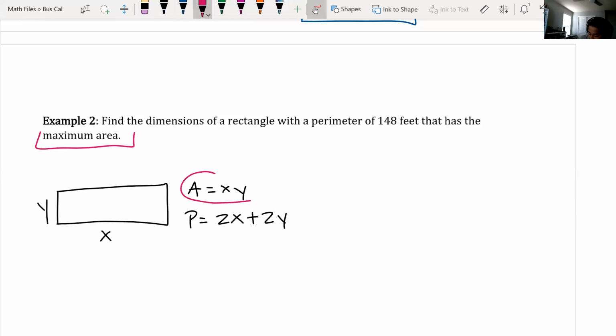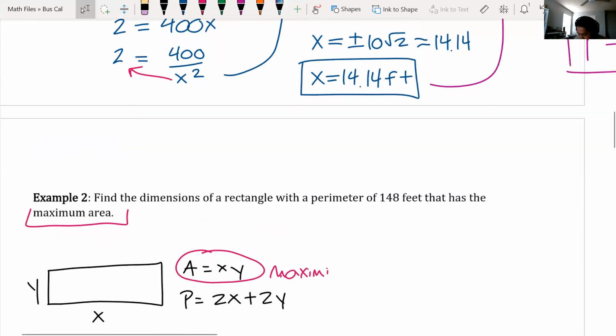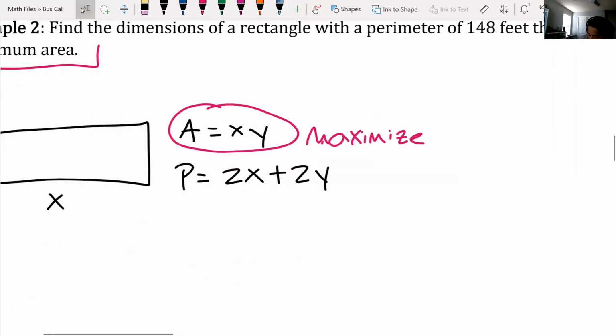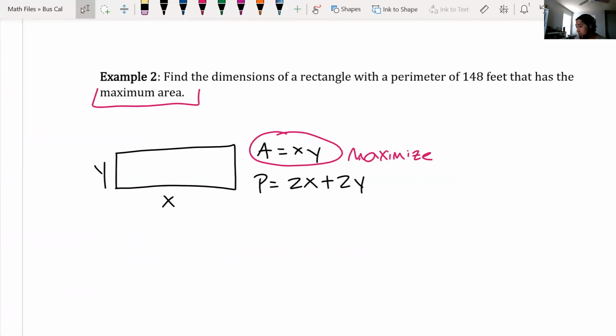Here we need to maximize the area. So this is the equation we need to maximize. But once again, we have to get rid of that y. So this means, once again, we're going to have to make a substitution with the given information.